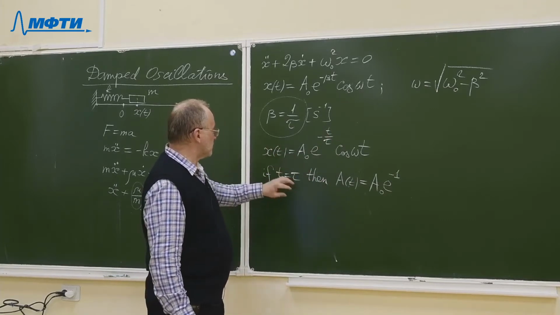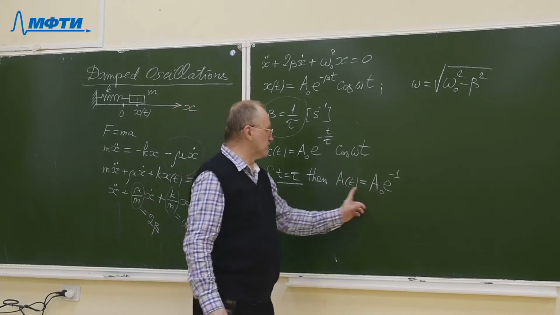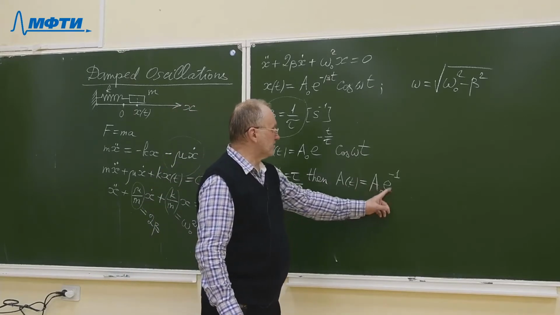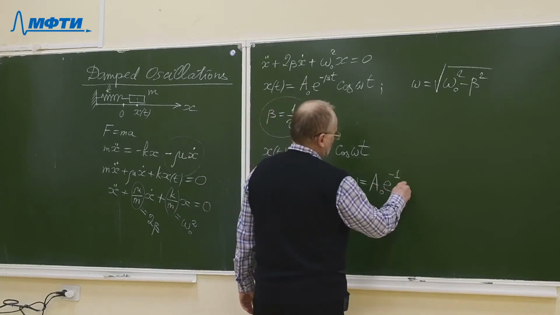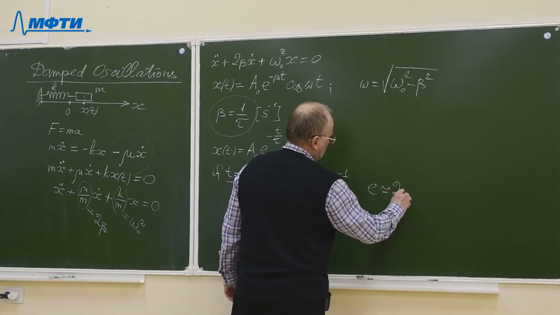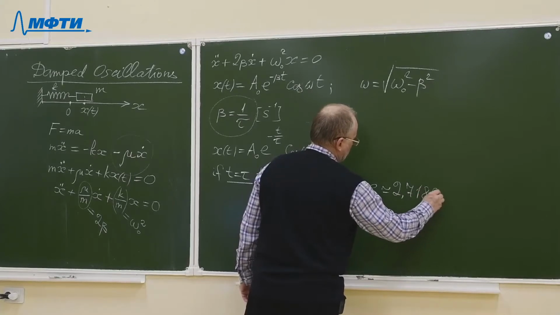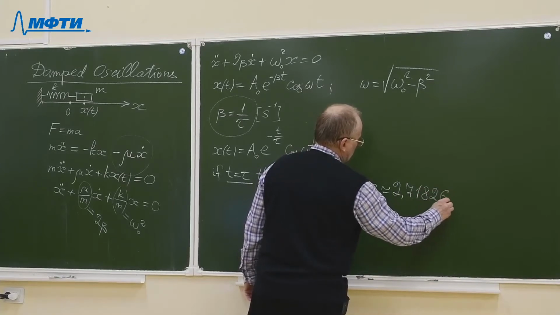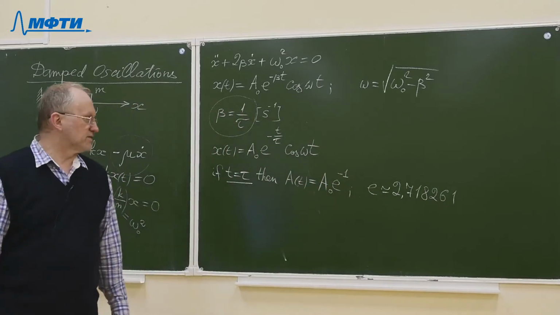So tau is such a time interval during which the amplitude decreases by a factor of e. And e is the well-known constant. It's approximately equal to 2.718281, etc.